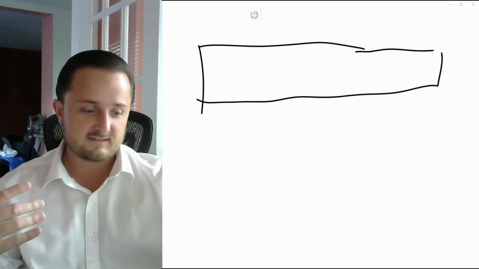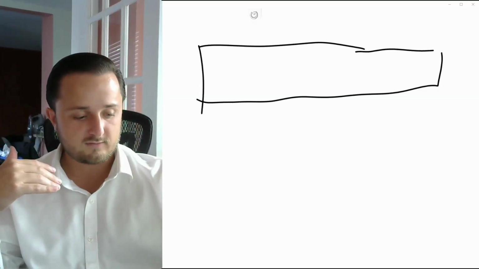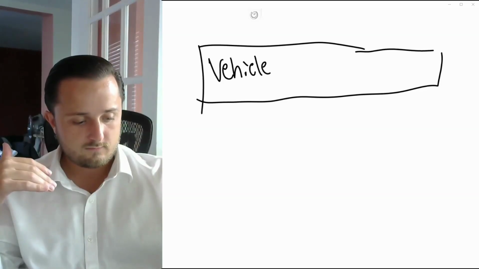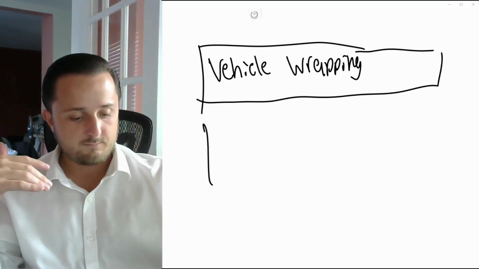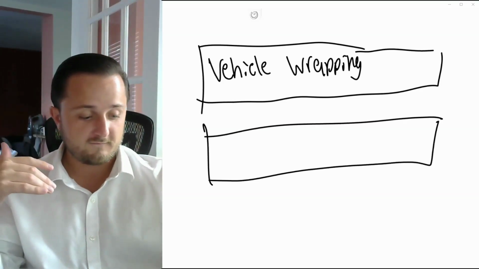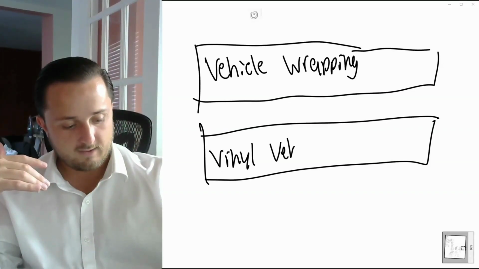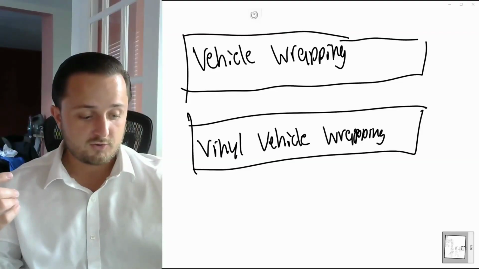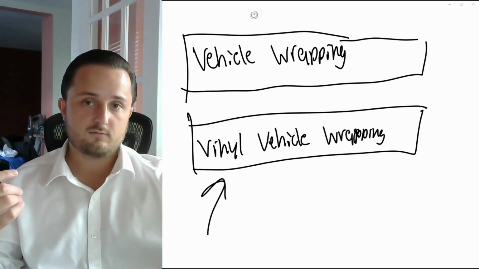What are they placing in there? Another example to think about this is that if I only targeted vehicle wrapping, but people search for vinyl vehicle wrapping, my page, my Google business profile, could not appear for this at all.